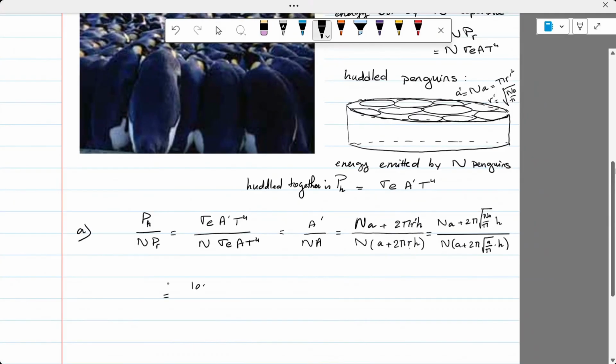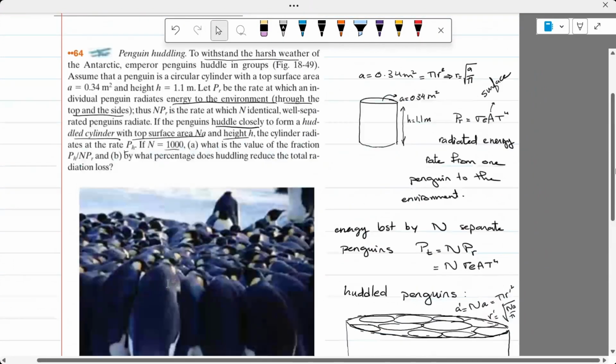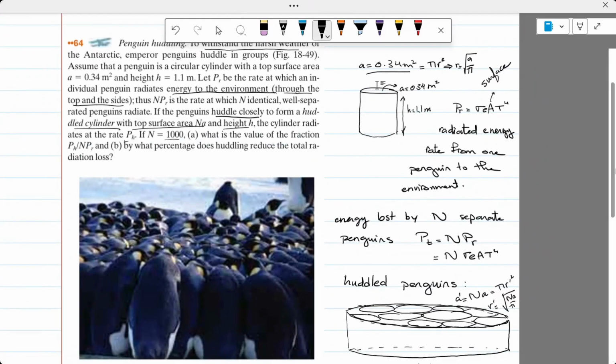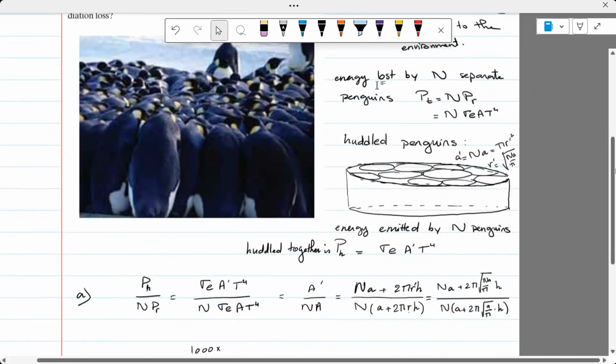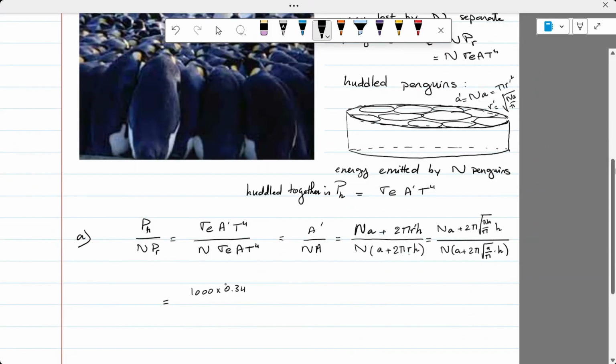N is 1000. A was given to be 0.34 meters squared. As a matter of fact, I can simplify the pi's.